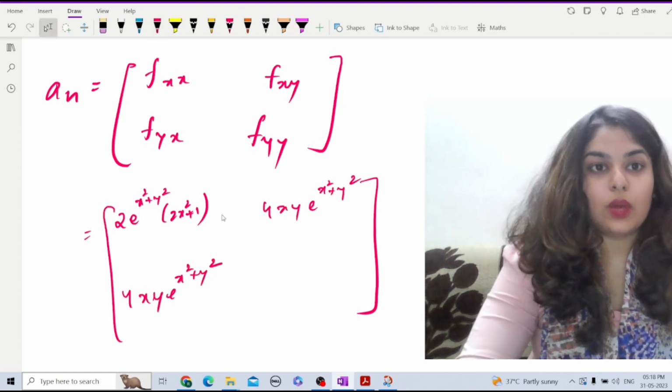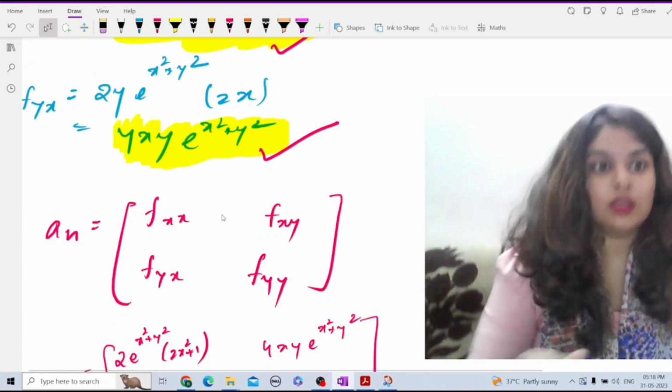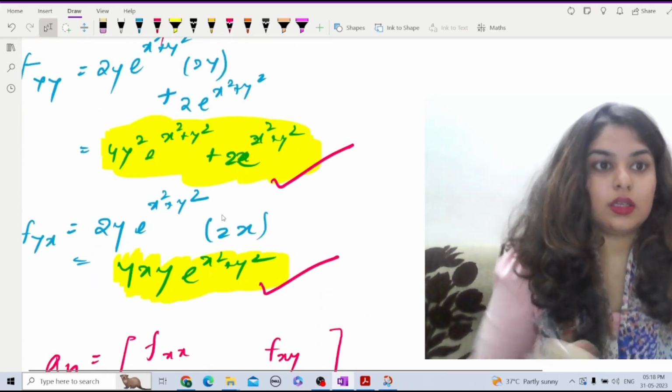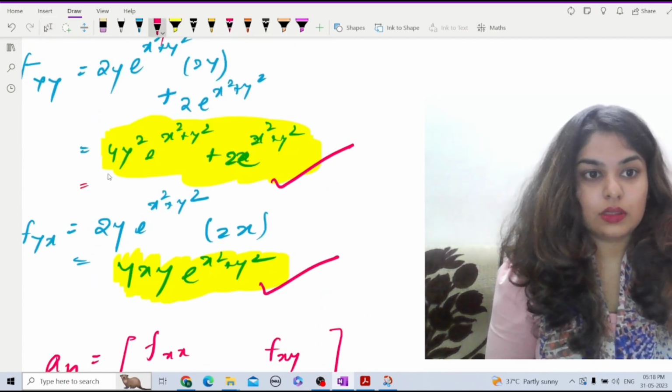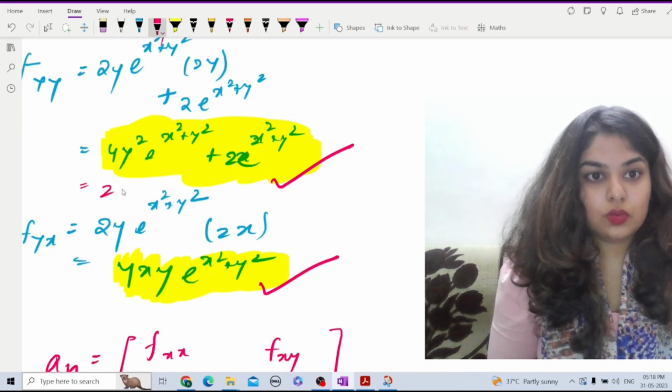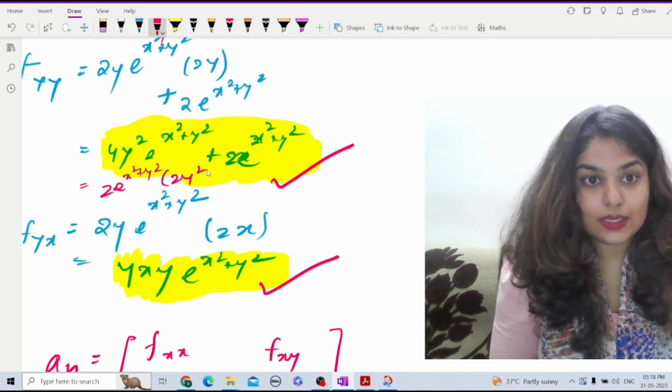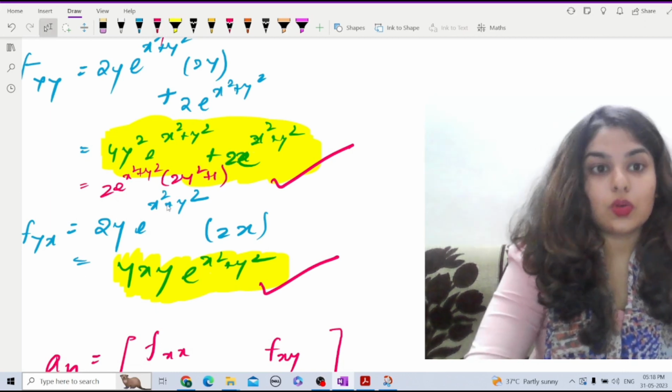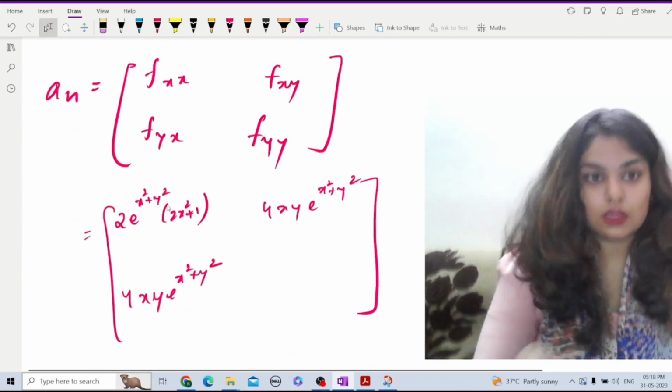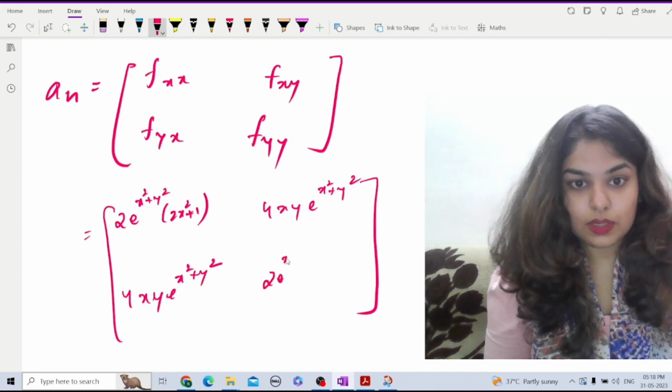And fyy, let's check fyy. Here also we can take common the term 2 e to the power x square plus y square, and in brackets we have 2y square plus 1. So the last element is 2 e to the power x square plus y square into 2y square plus 1.